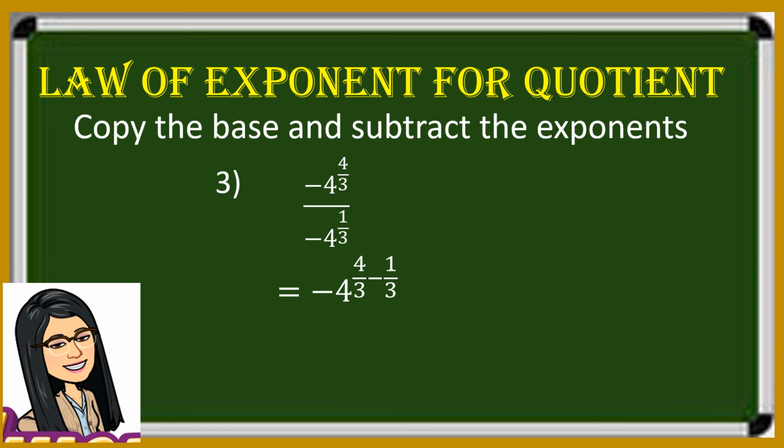So, subtracting numerators, 4 minus 1 is 3. Now, we arrive at negative 4 raised to 3 over 3 or 1. So, we have negative 4. Now, the question is, are we going to take the reciprocal? And the answer is no, because it is the base and the exponent is an invisible 1, which is positive. So, negative 4 is our final answer.